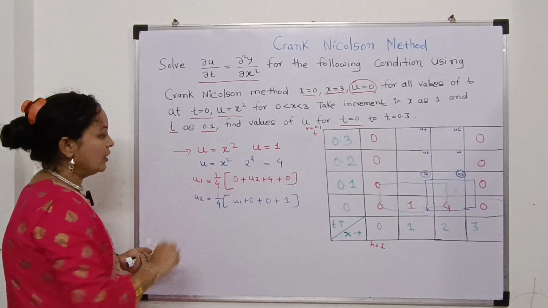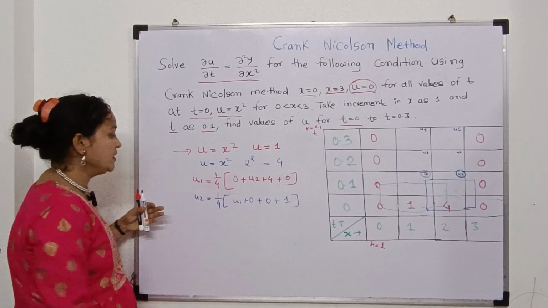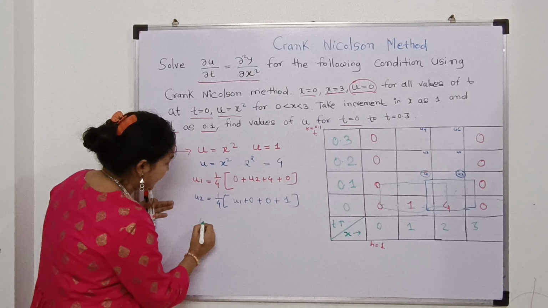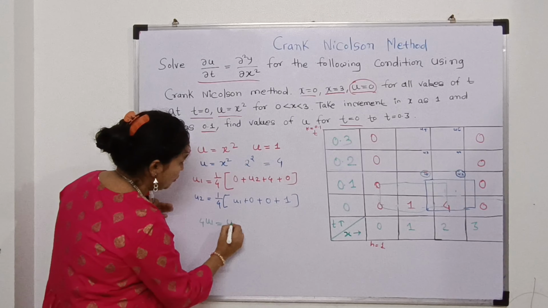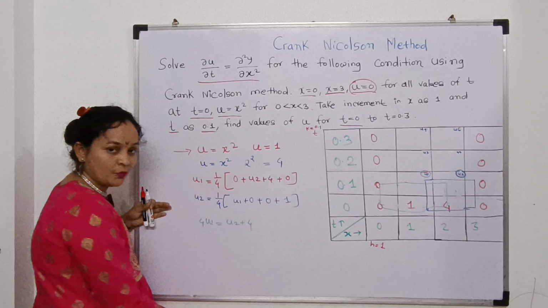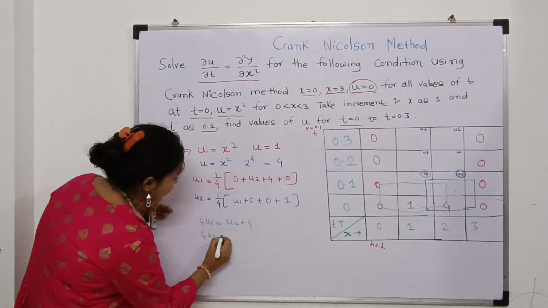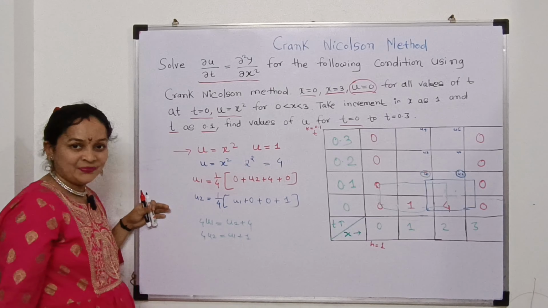Now you can solve these equations simultaneously. Rearrange them: 4 u1 is equal to u2 plus 4, and 4 u2 is equal to u1 plus 1.